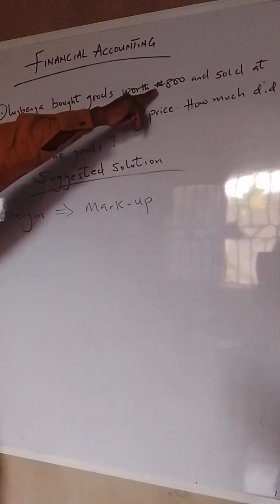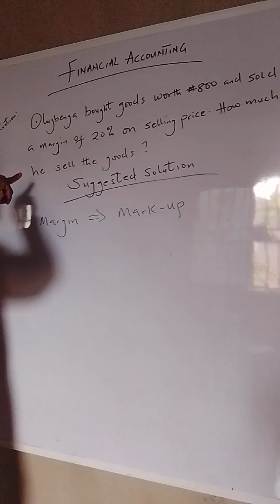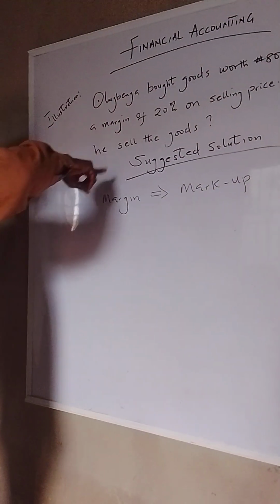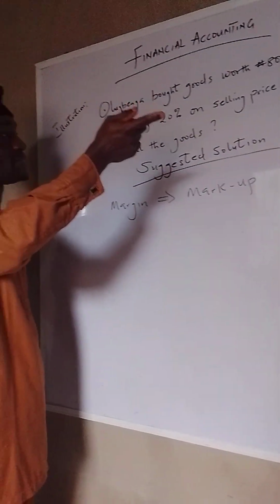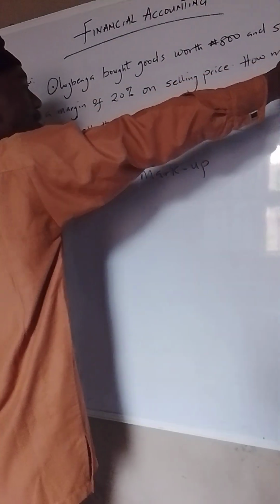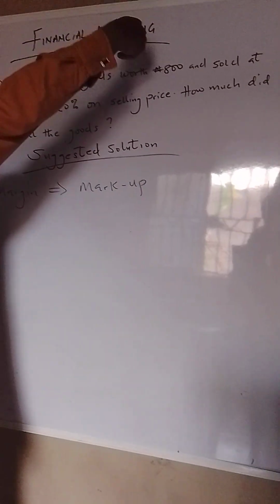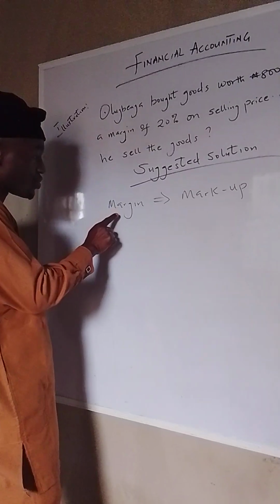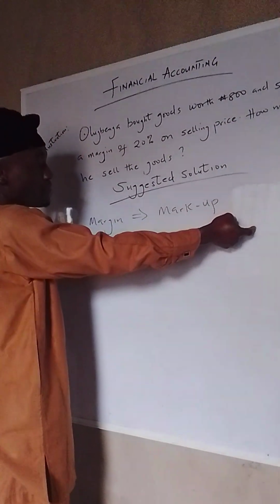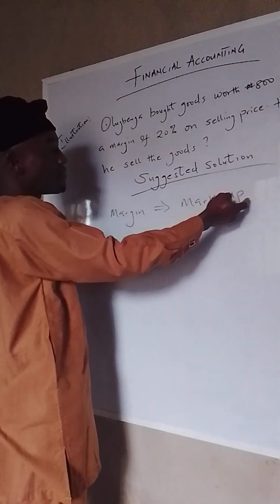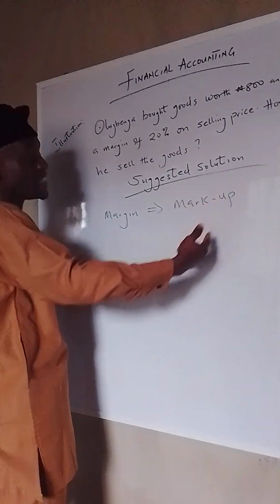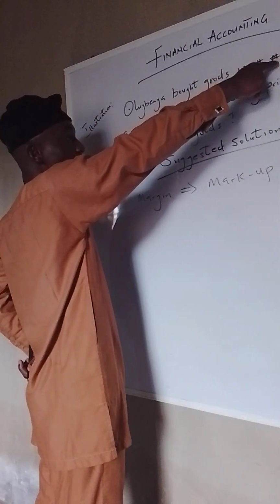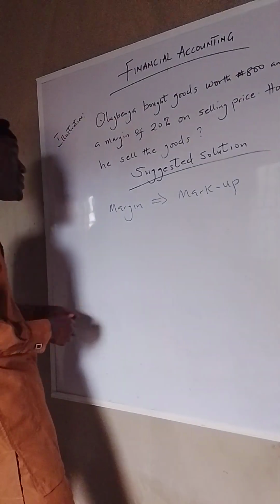So once they have given you the cost price and they did not give us a direct figure for the selling price, that's why they said we should calculate the selling price. That's the reason why we don't have any choice than to convert this margin to markup, so that it can make our work easier.